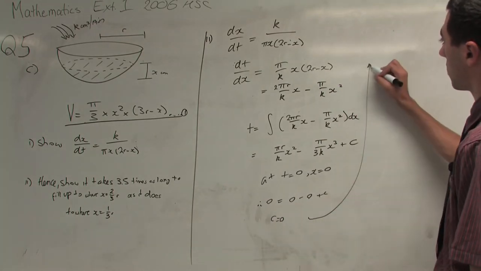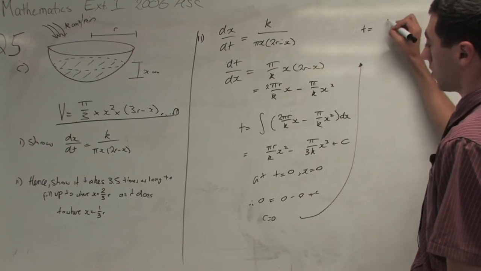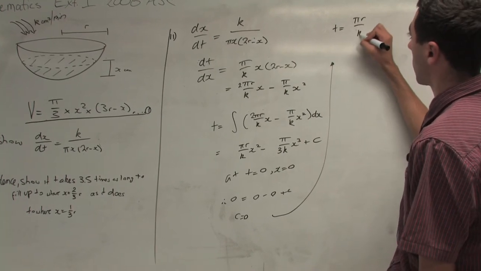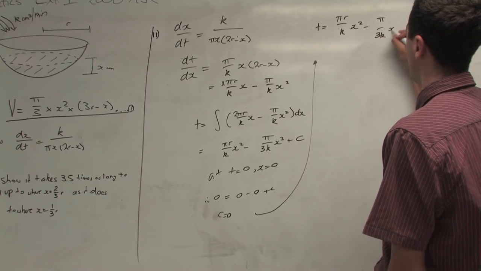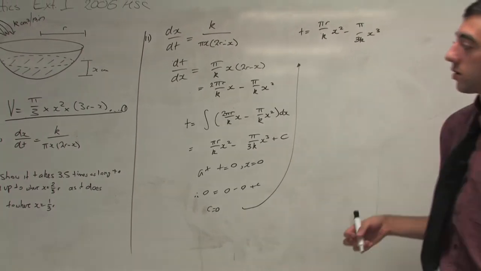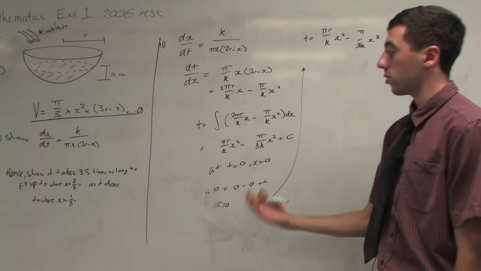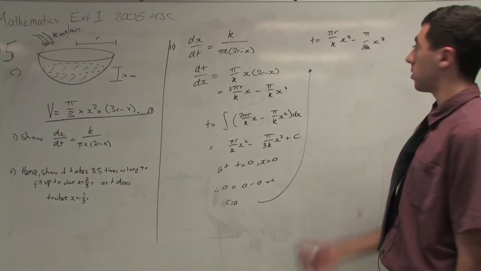Okay, so now we can use this: t equals pi r over k x squared minus pi over 3k x cubed. Now we just have to substitute when x is equal to 2r over 3 and r over 3.